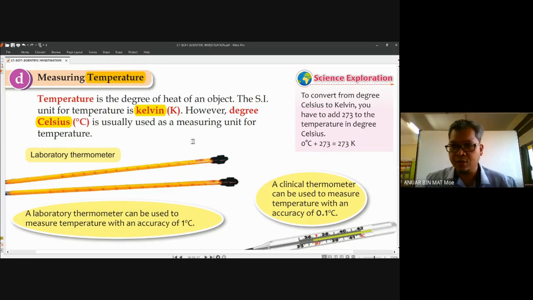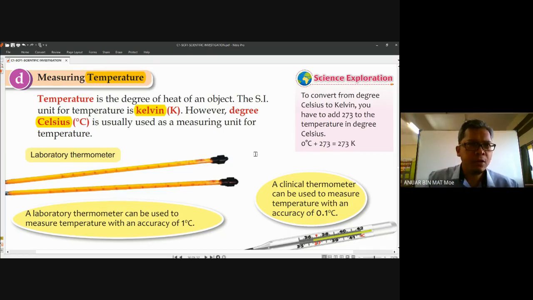So there is a conversion lah. You try to search on the net the conversion. So 1 degree Celsius equal to how many Kelvin or how many Fahrenheit? You can search for yourself on the internet, the conversion. But we use Celsius.